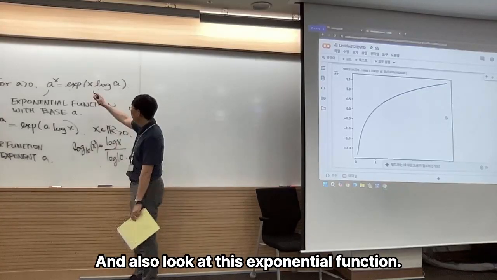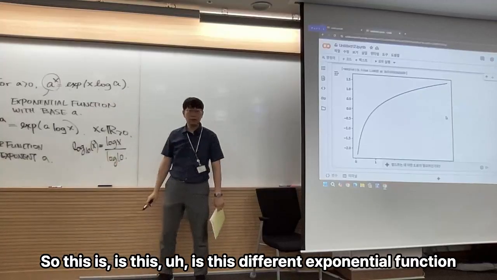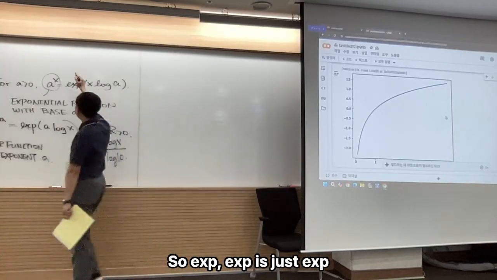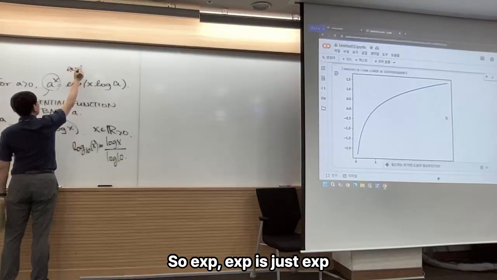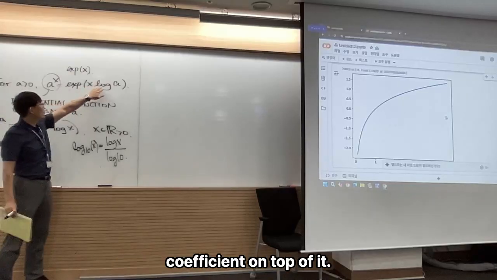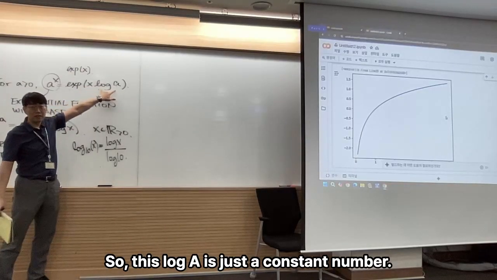Okay. And also look at this exponential function. Is this a different exponential function than the exp here? The only difference between this exponential and this exponential is that we have a coefficient on top of x. So this log a is just a constant number.